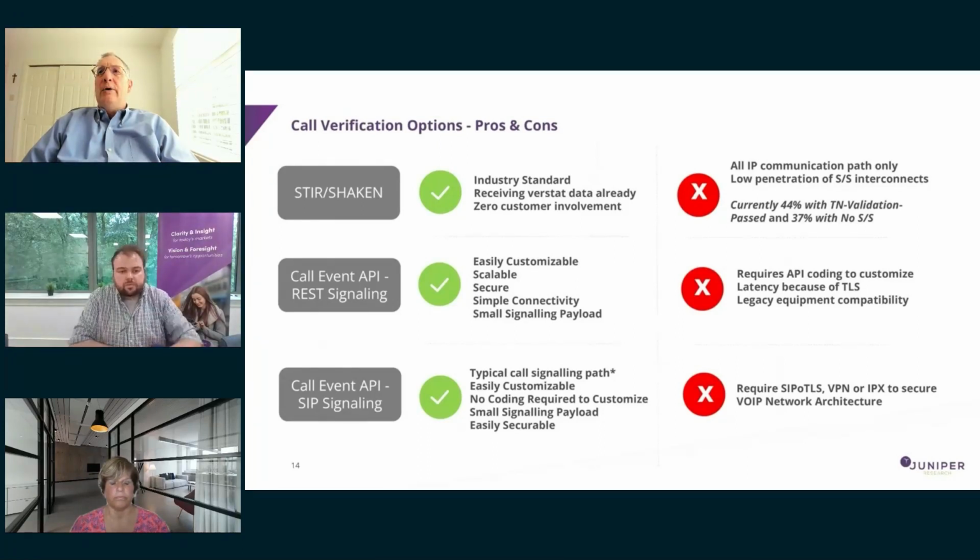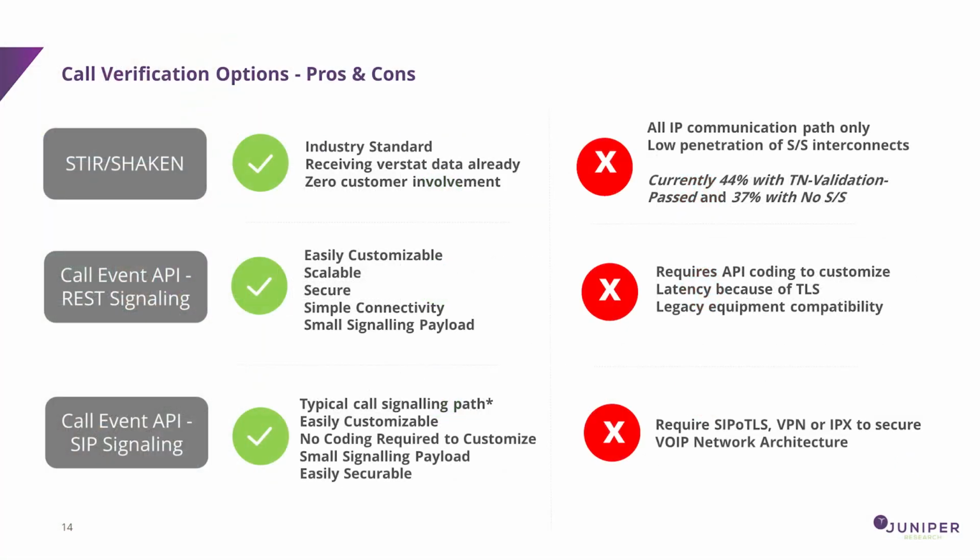So again, we think that you're going to need both solutions in the market. We've developed the call event API using REST, which is a much easier and simpler interface for our customers to work with, as well as a SIP option. I'll turn it over to Shelley on why it's so important and what the goal of call authentication is, whether it be through STIR/SHAKEN or through our call event API.